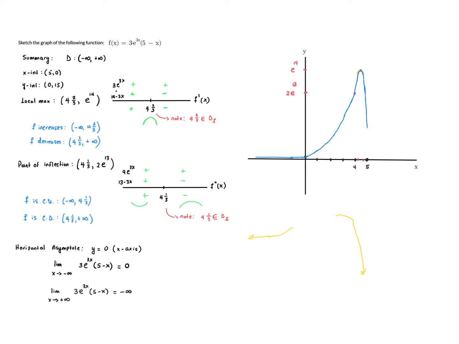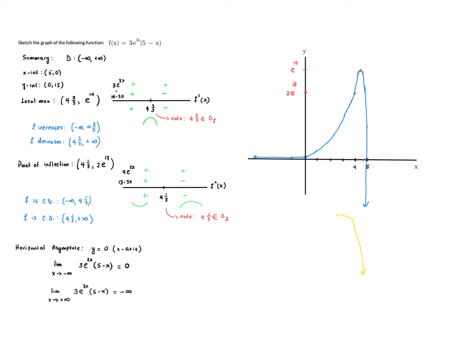I have to pass through the x-intercept, and then I know that the graph continues all the way down, and put an arrow here. Now here on the left, to indicate that we are approaching a horizontal asymptote, let's put an arrow there as well.